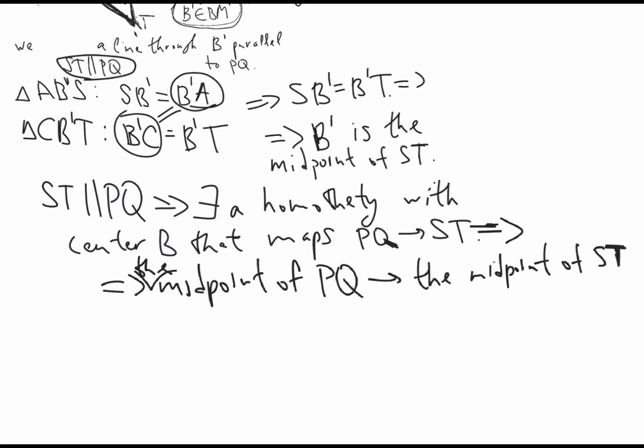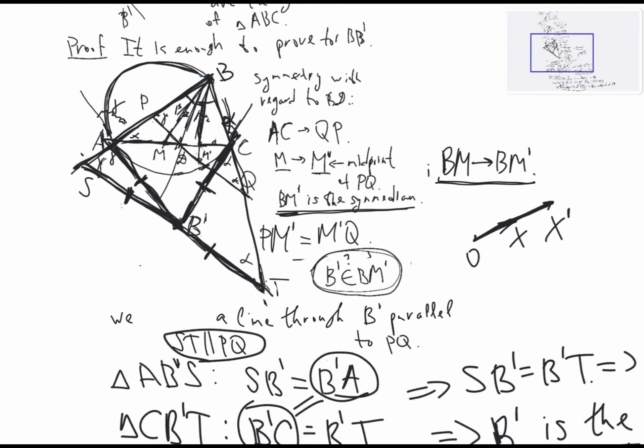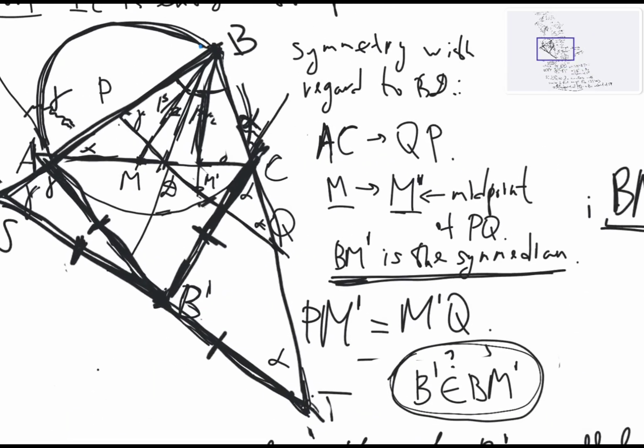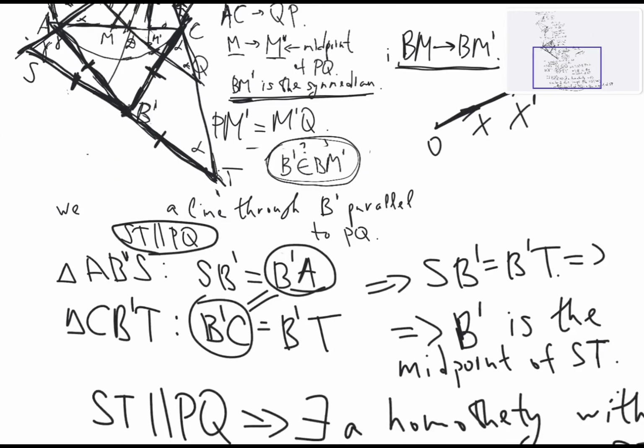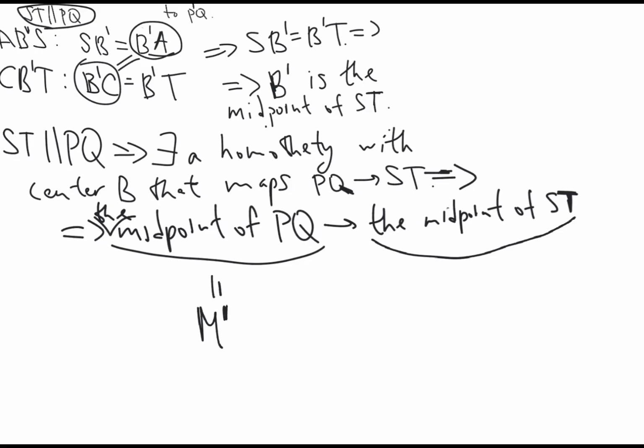But what is the midpoint of PQ? The midpoint of PQ is the point we denote as M'. So this is PQ, and this is M' here. And the midpoint of ST, we just proved that B' is the midpoint of ST. So this is the point B'.